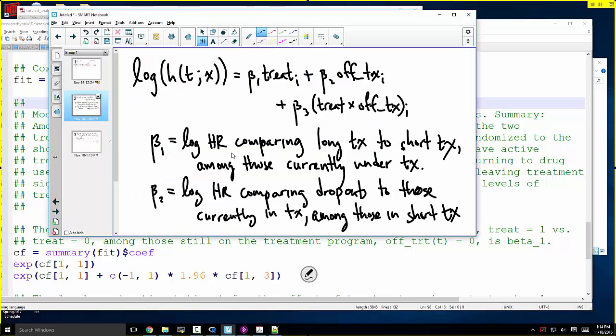There's a hazard ratio of treatment effect for those who are currently under treatment. There's a hazard ratio of treatment effect for those who are not under treatment anymore. There's a hazard ratio for going off treatment for those who are in the short treatment regimen. And there's a hazard ratio for going off treatment for those who are in the long regimen. And we can look at each one of those by manipulating the coefficient estimates. I'll show you a couple of them.